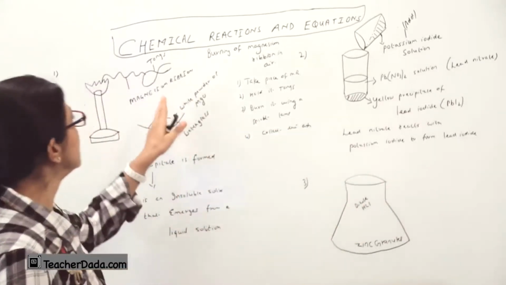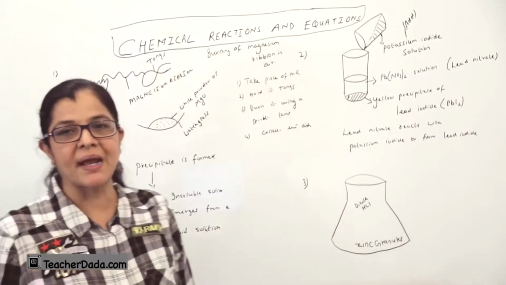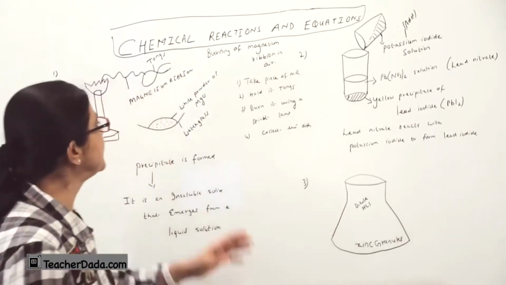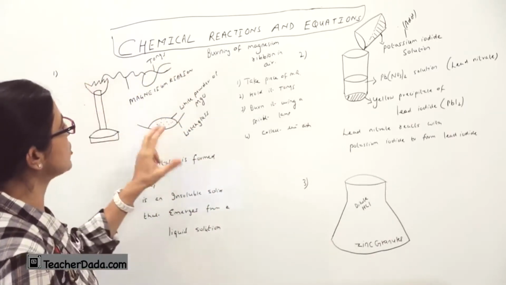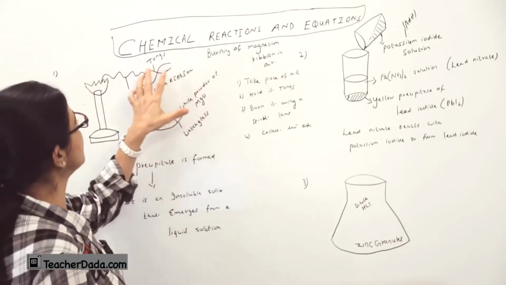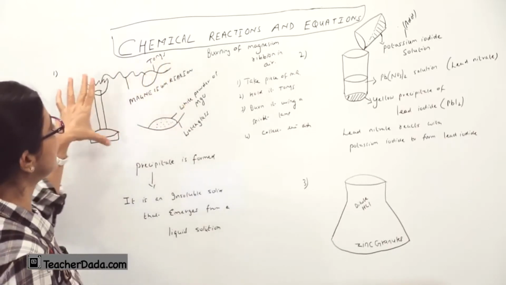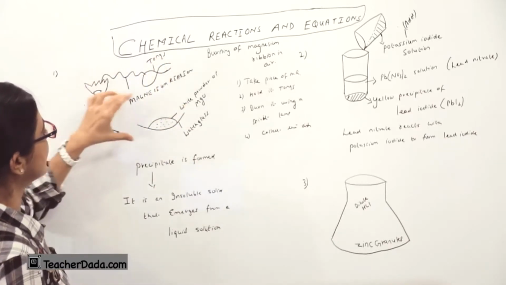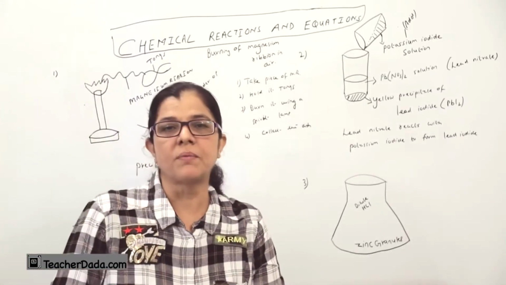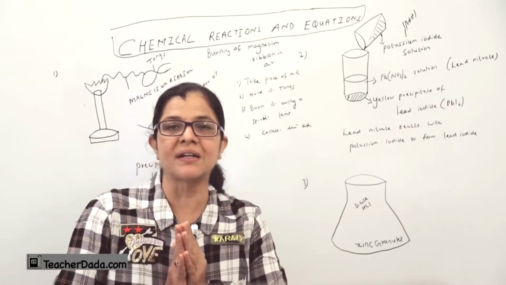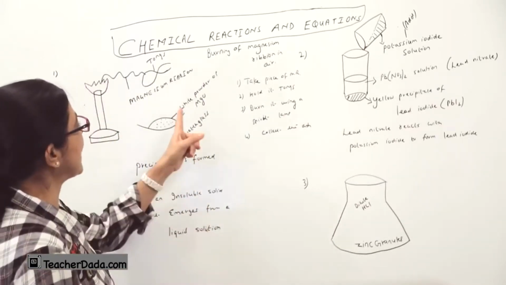First, we take burning of magnesium ribbon in air. So what happens when magnesium ribbon is burned in air? For that, you need magnesium ribbon, tongs, a spirit lamp and a watch glass. You hold the magnesium ribbon with a tong, burn it using a spirit lamp and collect the ash in the watch glass. What will you observe? The magnesium ribbon will burn with a dazzling light and a white substance is formed, which is magnesium oxide.